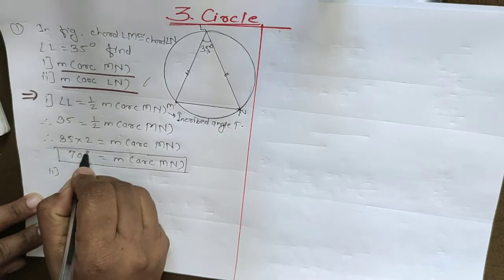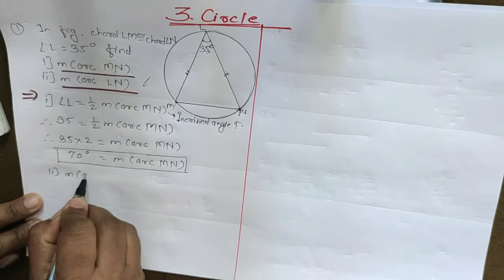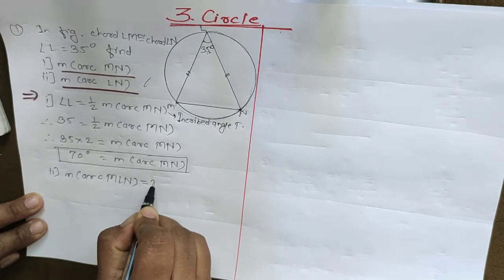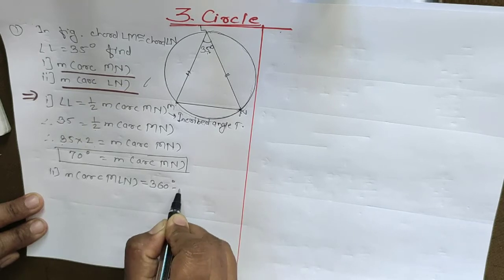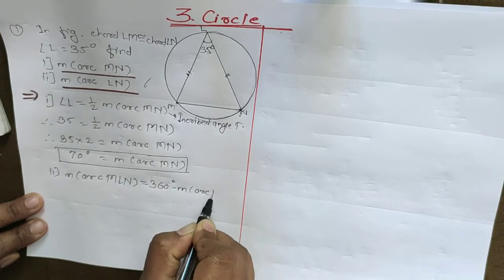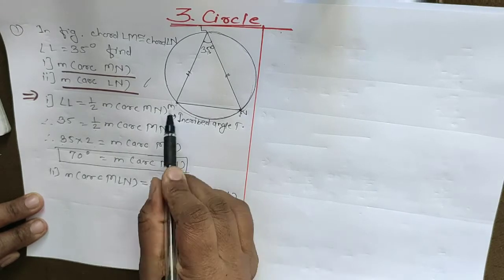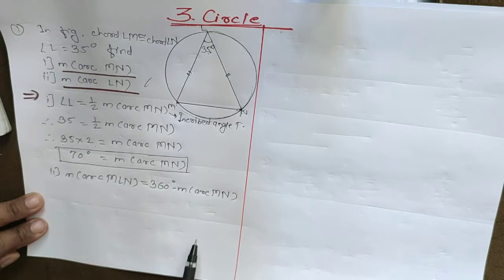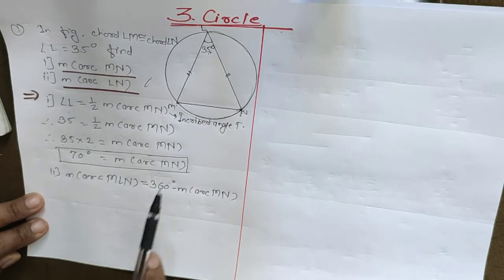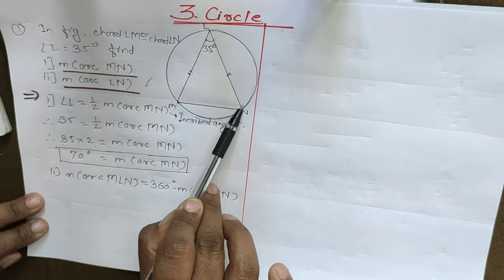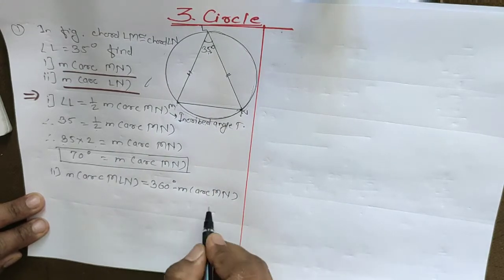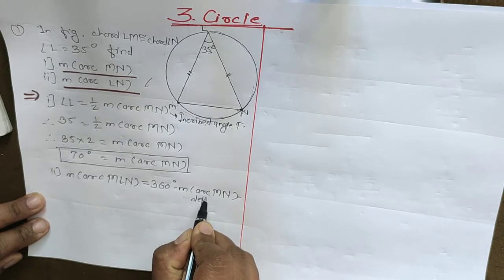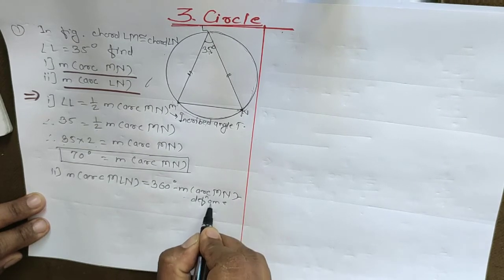If from the whole circle we subtract MN, we will get the measure of arc MLN, meaning M, L and N. The reason behind it is the definition of measure of arc.